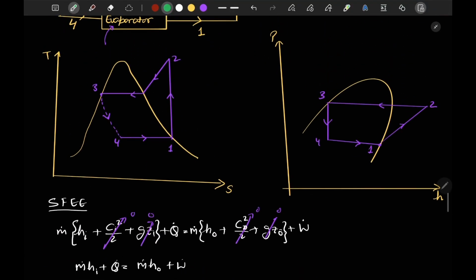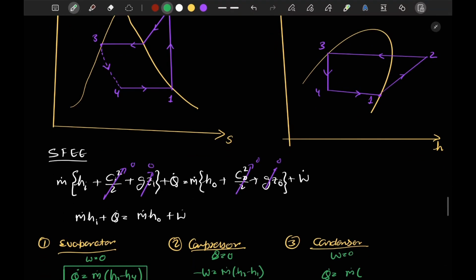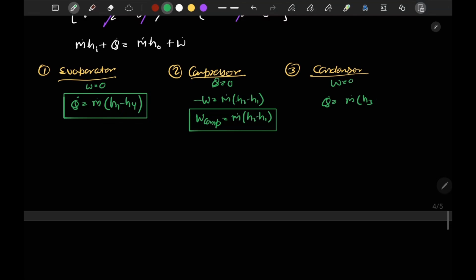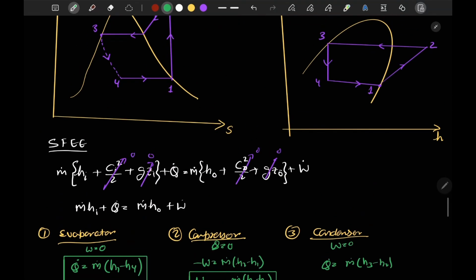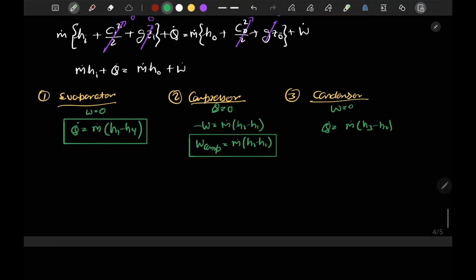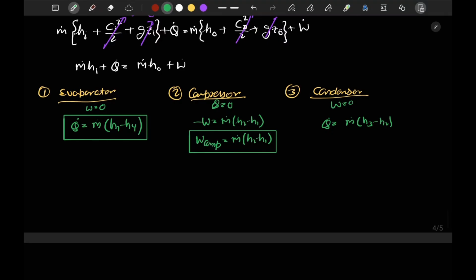The outlet is 3 and the inlet is 2, so h3 minus h2. Since point 3 is after point 2, h3 is less than h2, so this heat should be negative. In the condenser heat is ejected from the system, so Q condenser can be written as minus, that is m dot h2 minus h3.